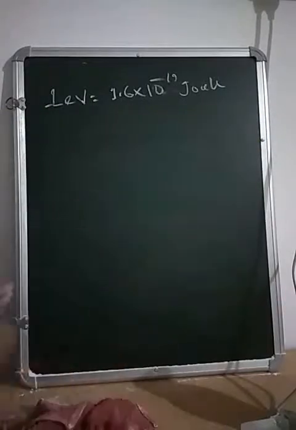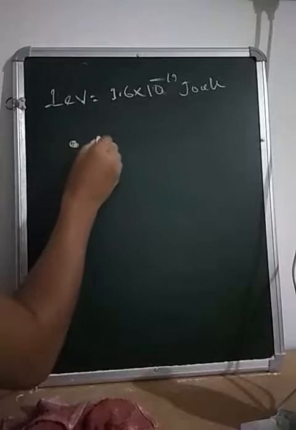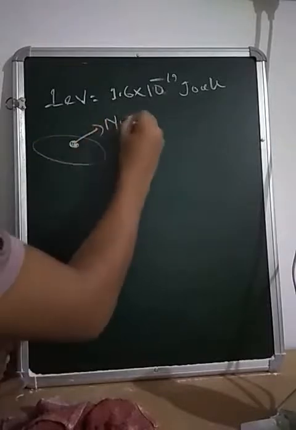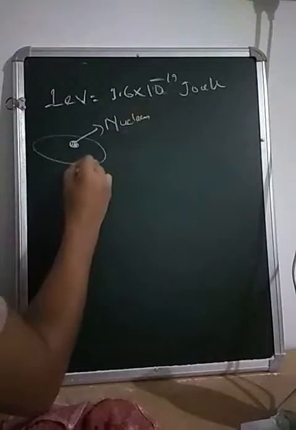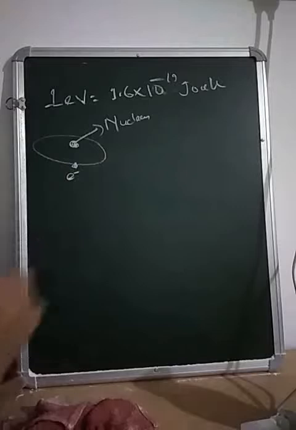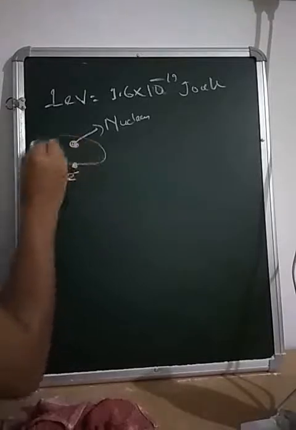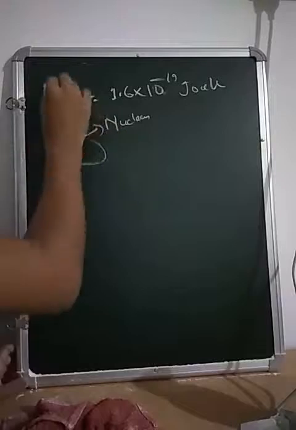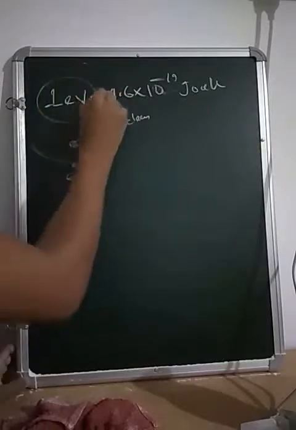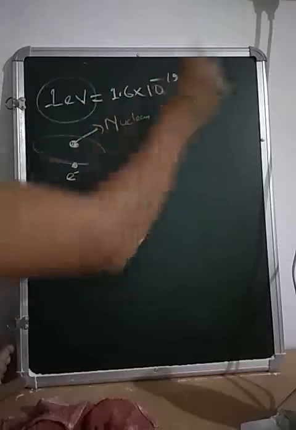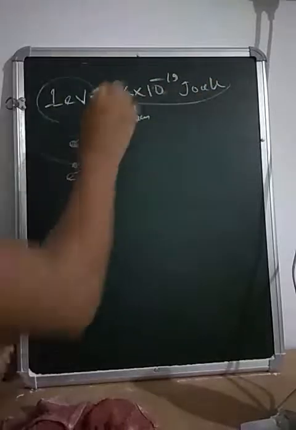Suppose this is the atom, this is the nucleus, and 1 electron is moving around the nucleus. The energy of the electron in this orbit is expressed in terms of electron volt. And 1 electron volt is 1.6 into 10 to the power minus 19 joule, which is a very small amount of energy.